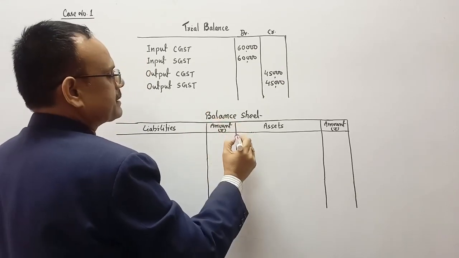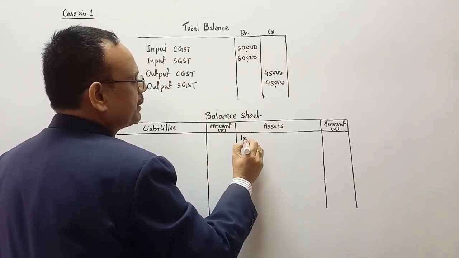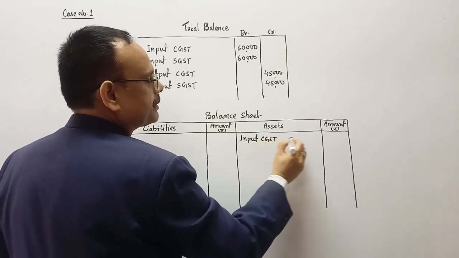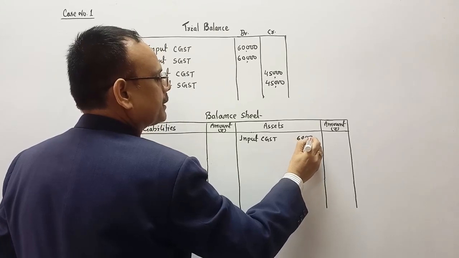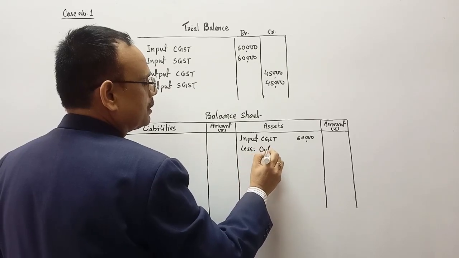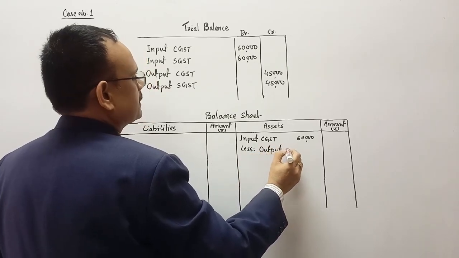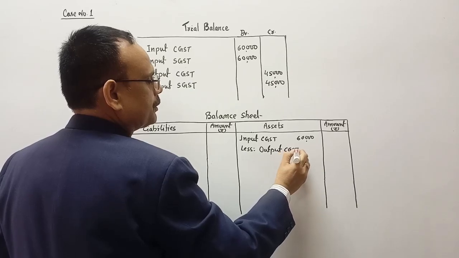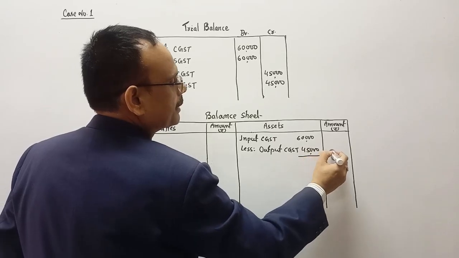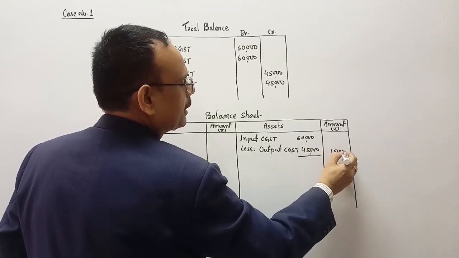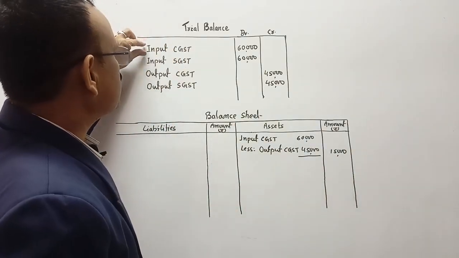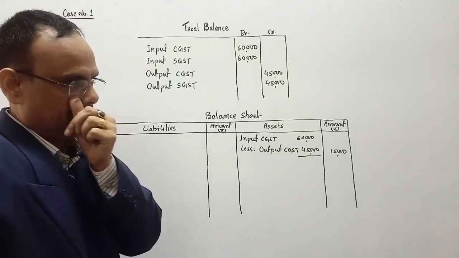You write in the asset side input CGST 60,000 in the inner column and deduct the output CGST 45,000, and write the final figure in the outer column in the asset side, because input CGST is more than output CGST.